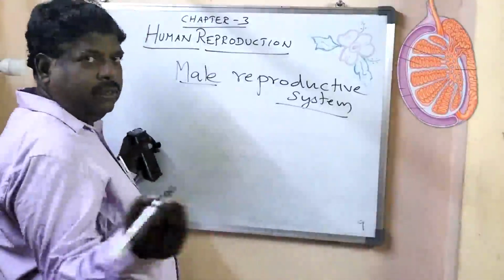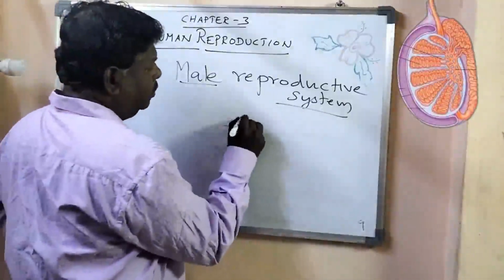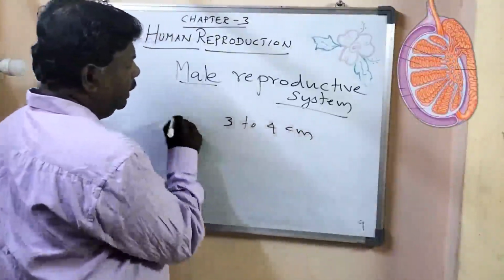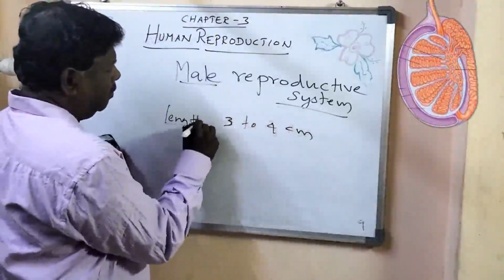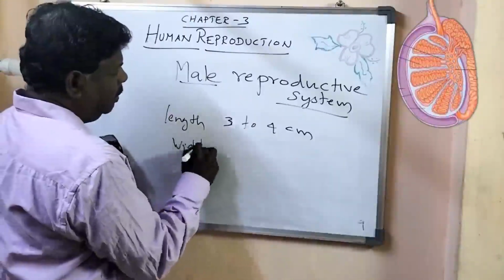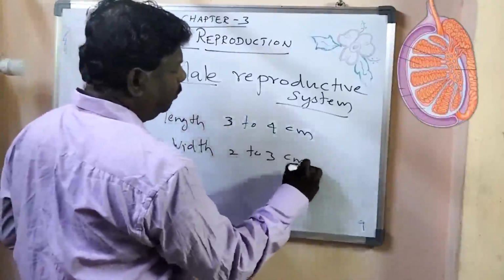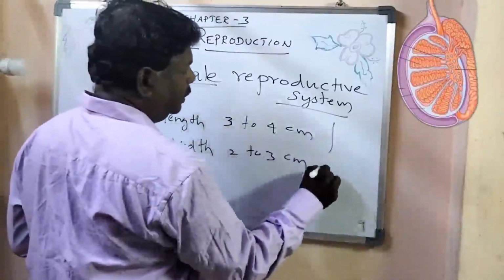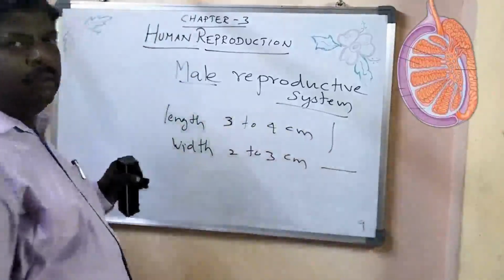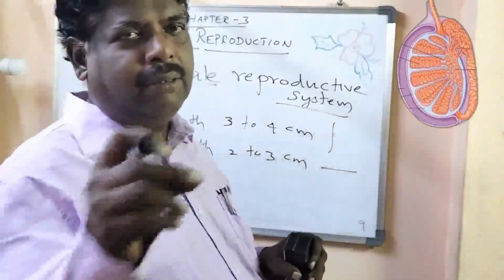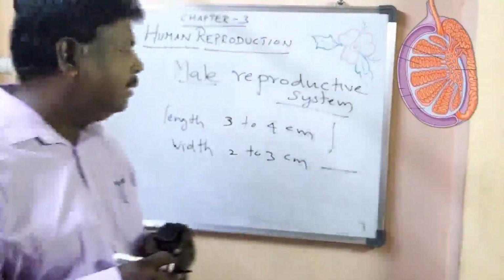The length of the testis may be 3 to 4 cm and the width is 2 to 3 cm, and each testis is covered by a dense covering.